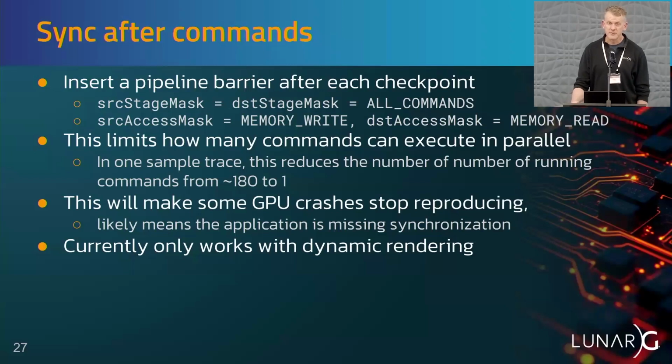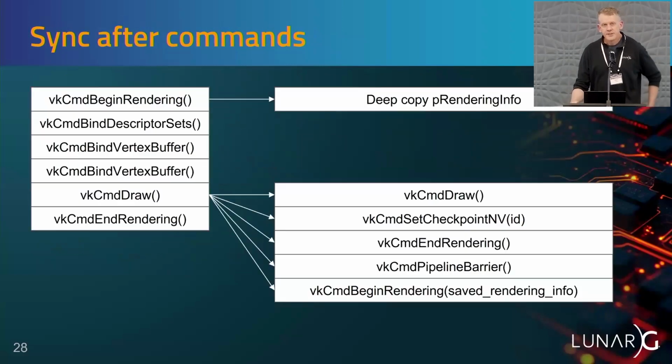This also only works with dynamic rendering, and this is why. So you have a begin rendering region. You can't do a pipeline barrier within a render pass or within a dynamic rendering region. So the layer will stop that region when it wants to write a barrier, do the checkpoint and the barrier, and then restart the rendering region.